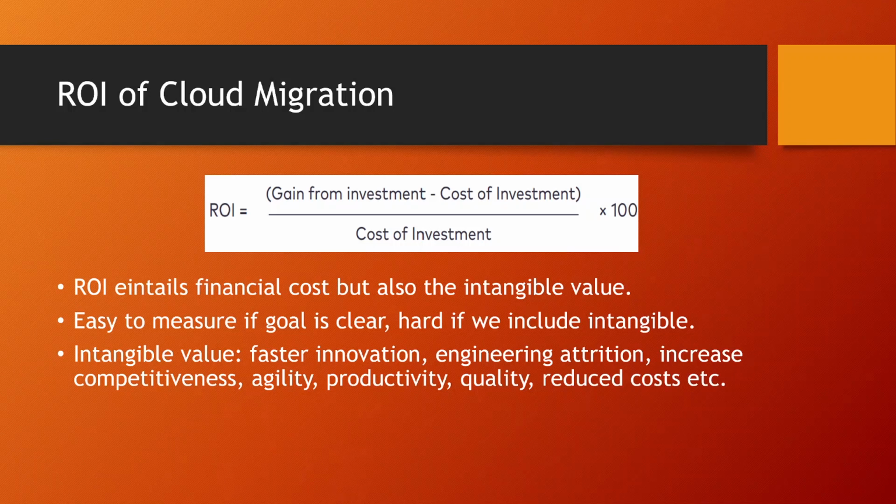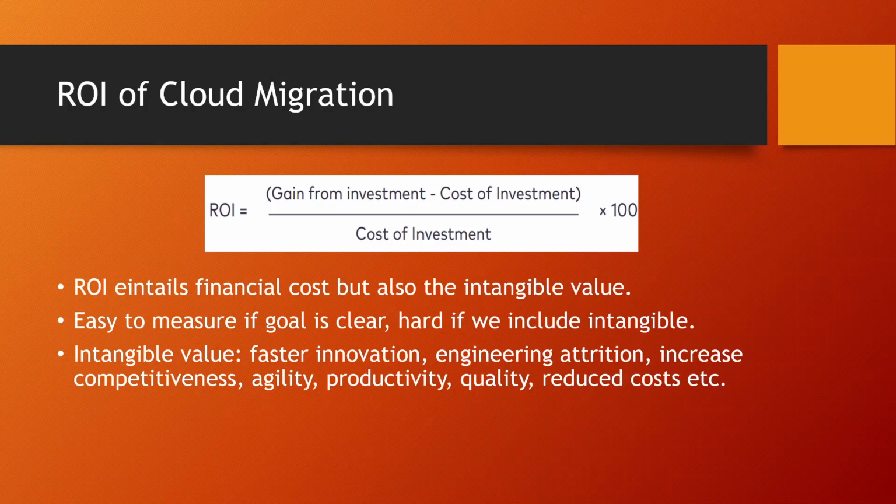Now, as we see from this simple formula, the ROI entails financial cost, but what we don't see is the intangible value. And it would be great if we could have an exact figure here to tell us what our ROI is, but this is hard to measure.